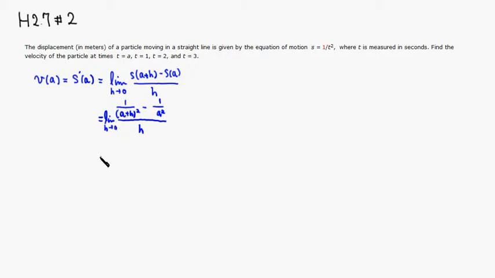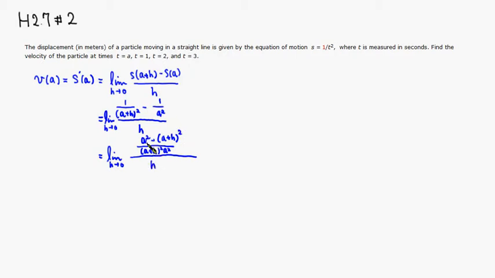Right, so let's find the common denominator on the numerator so that we can combine those fractions together. The common denominator is just the product of those two, then we multiply the top by a squared minus the top by (a plus h) squared, all over h.